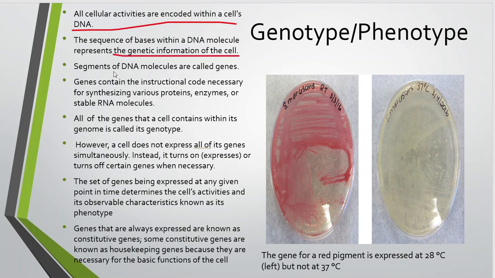And those segments that code for a certain protein or polypeptide are called genes. Proteins, enzymes, and a lot of those are proteins. All the genes in the cell, we've already talked about the genome. We also call it a genotype.